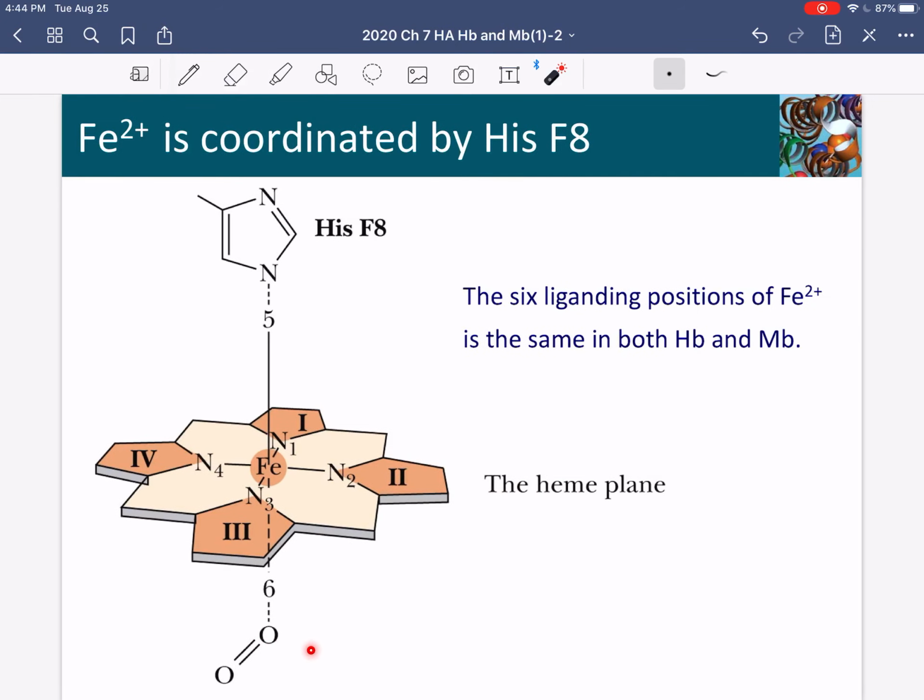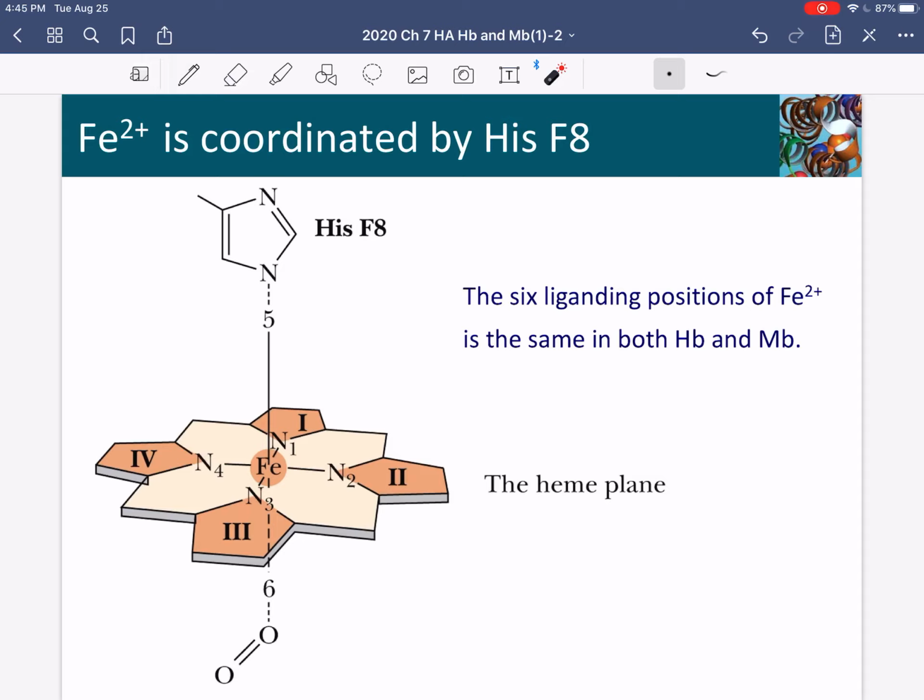And that's down here. So O2 is shown at the bottom. That's the 6th ligand, and it's coordinating the heme iron, the ferrous iron, Fe, in the middle, from below. And then there's histidine F8 coordinating the iron from above, and then the other 4 ligands from protoporphyrin 9, part of the heme, are coordinating in that plane.